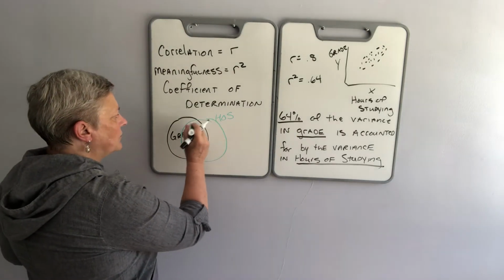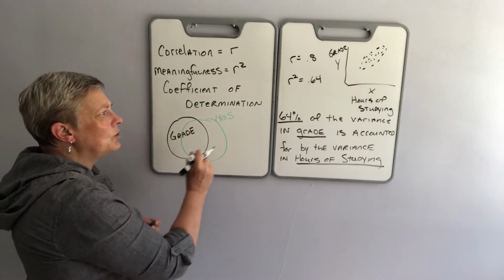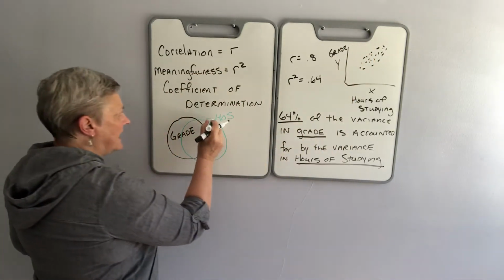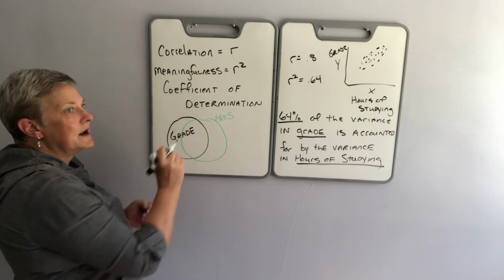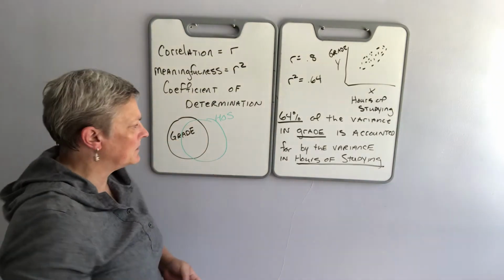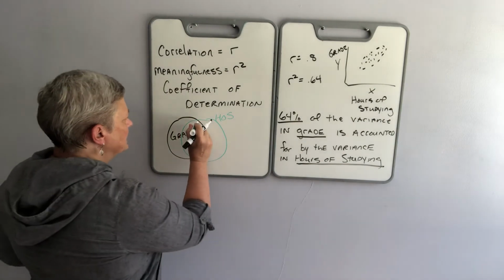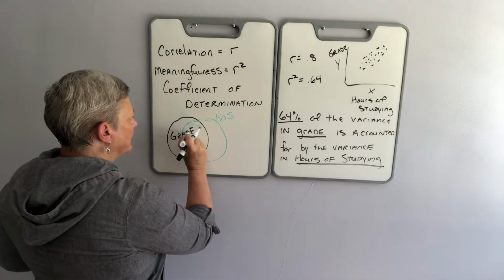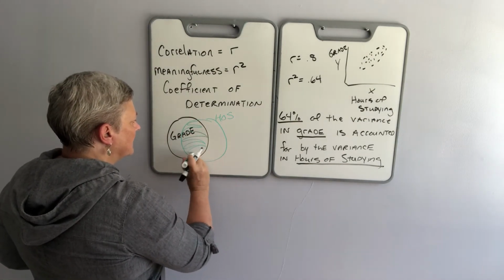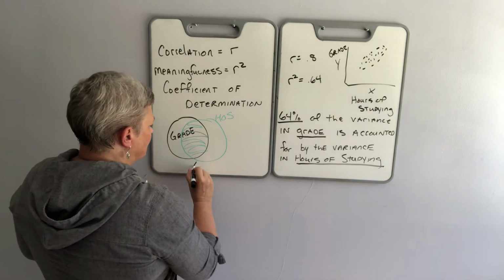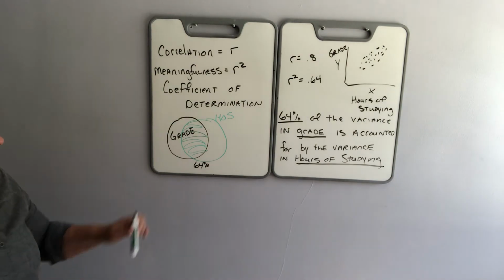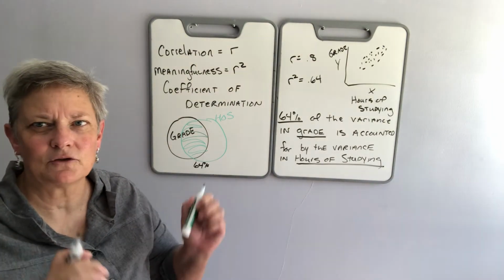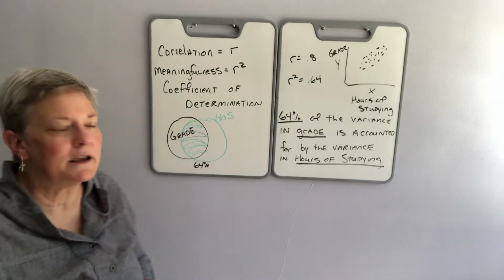If this is the total variance, the total of all the people in my study and how many hours they study, and this is everybody's grade inside another bubble, we would expect them to overlap at about 64%. I know it isn't 64, but I can't draw, so we just pretend.